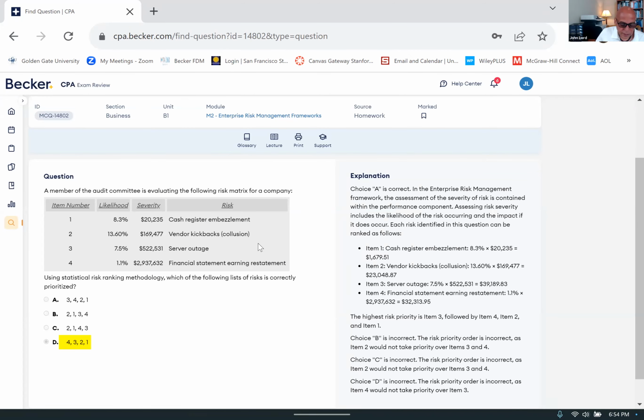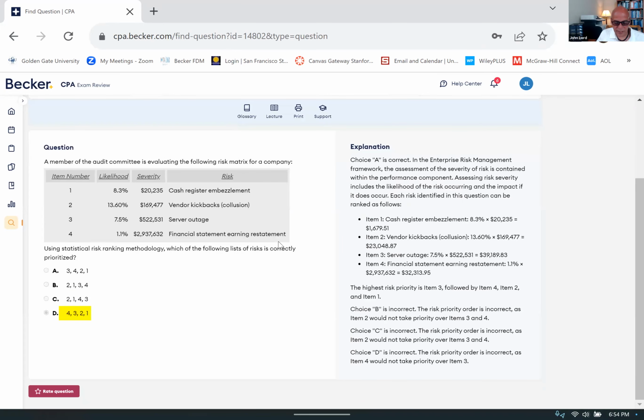Yeah, okay, great. So this question, I didn't care about trying to answer it correctly because I don't want to get into all the details. That's why if you answer a question incorrectly, it's yellow, and I just chose one because I wanted to see the answer. But notice they give us the severity, but it's not just severity, it's also the likelihood that this bad thing will happen.